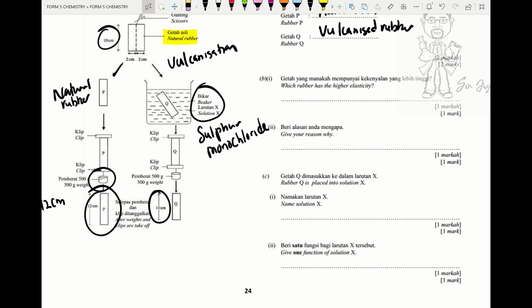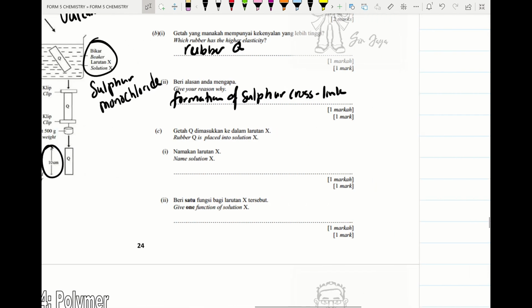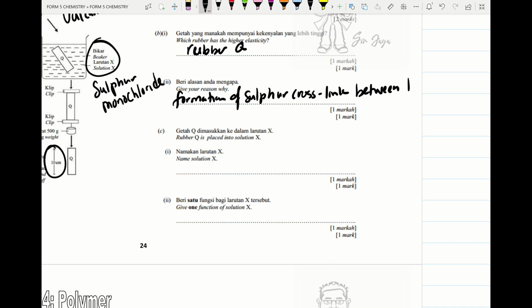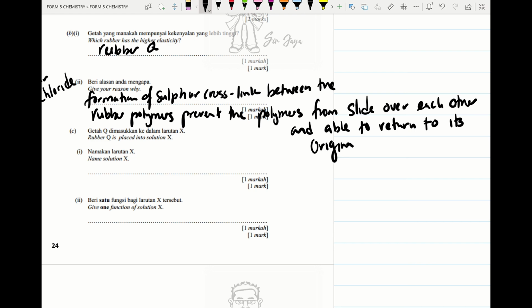So next question, which rubber has high elasticity? That will be rubber Q. All right, explain your reason. The formation of sulfur cross links in vulcanized rubber between the rubber polymers prevents the polymers from sliding over each other and they are able to return to their original length.